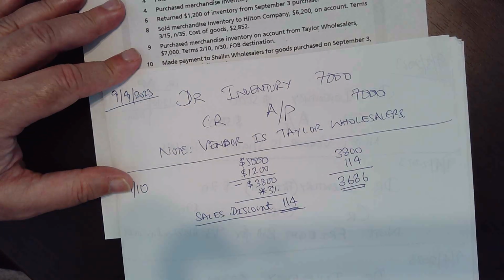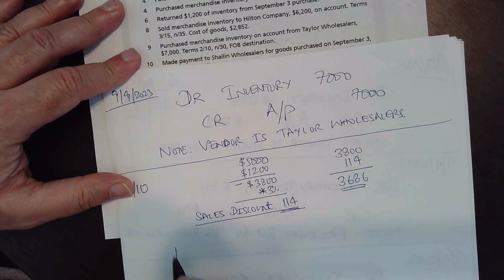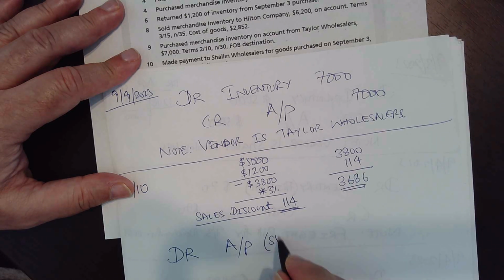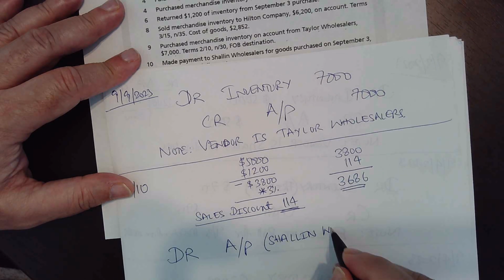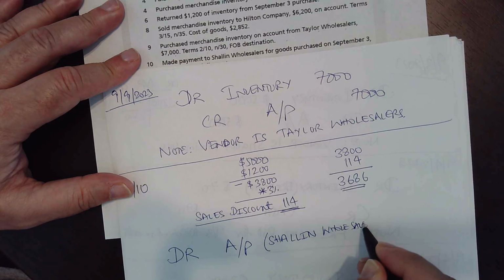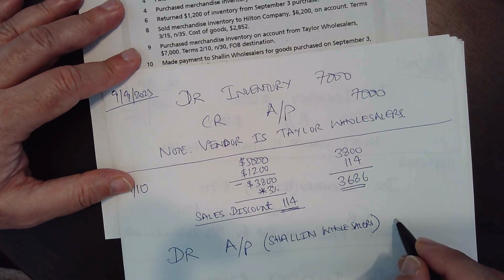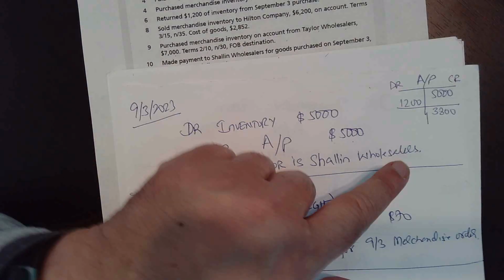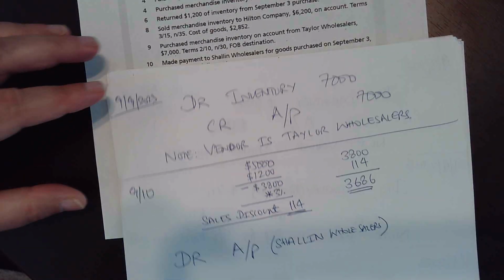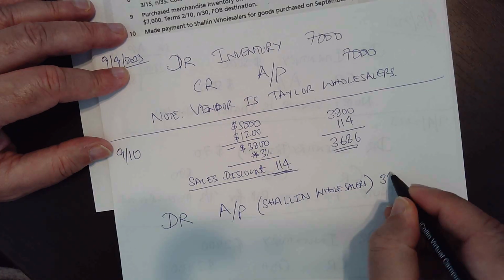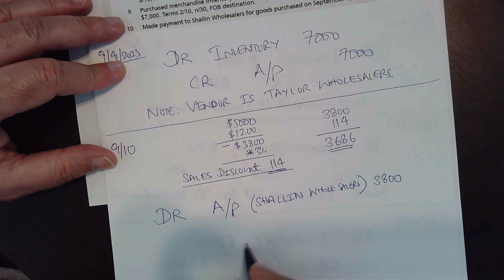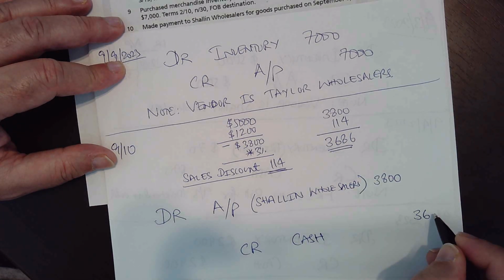So in this case, we're going to say debit accounts payable, and we put a name, Shellen Wholesalers. And how much was it? It was $3,800 that we showed you the last time over here. So it's $3,800. And then we're going to credit cash for $3,686.